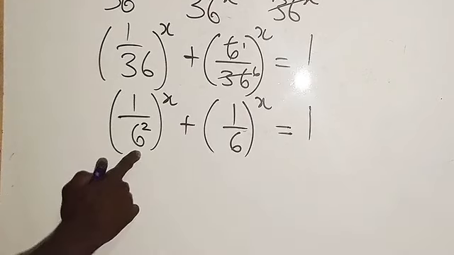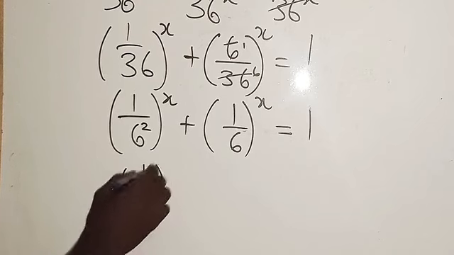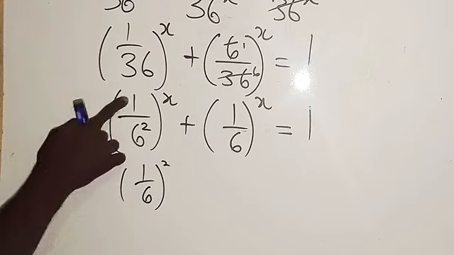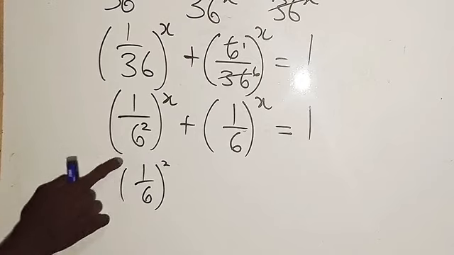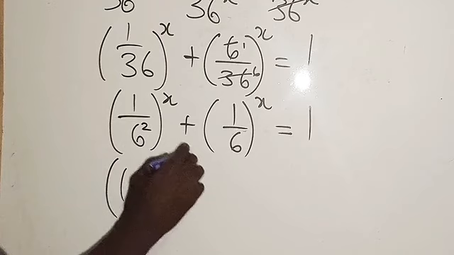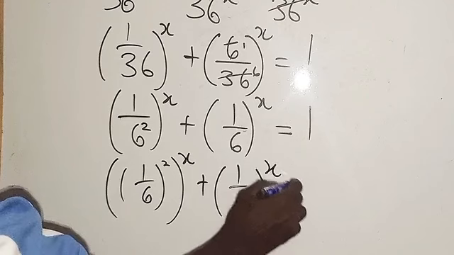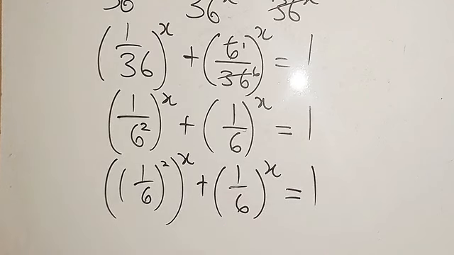So now from here we can rewrite this as 1 over 6 all squared, which gives us the same thing, because 1 squared is 1, 6 squared will give us 6 to the power of 2, then we have the power here, plus 1 over 6 to the power of x, equals 1.